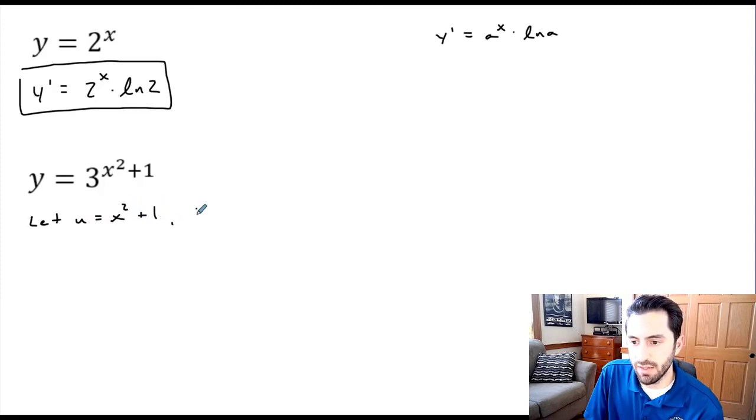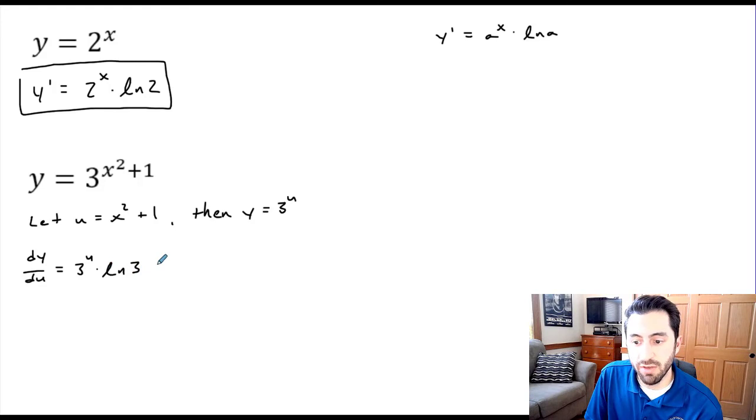So then I can rewrite my original equation as y is equal to 3 to the u power. So the derivative of the outside, the derivative of y with respect to u, I'm going to use my new rule. So it's the original times the natural log of the base.